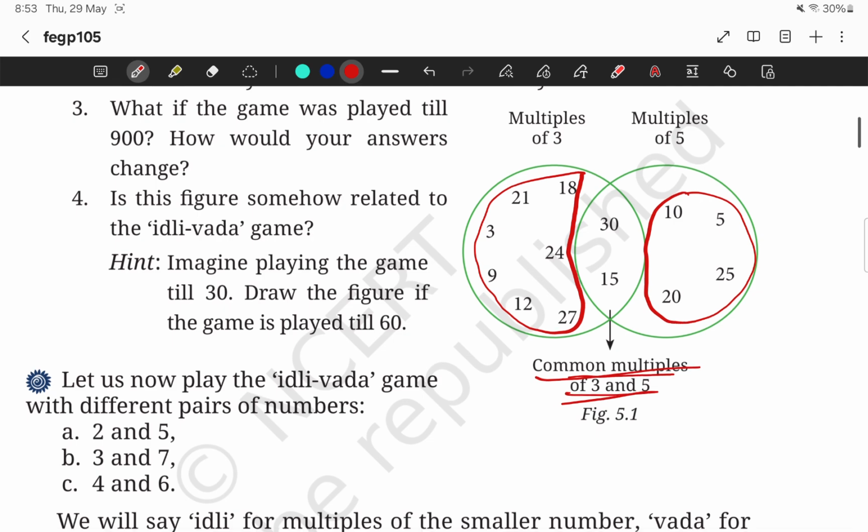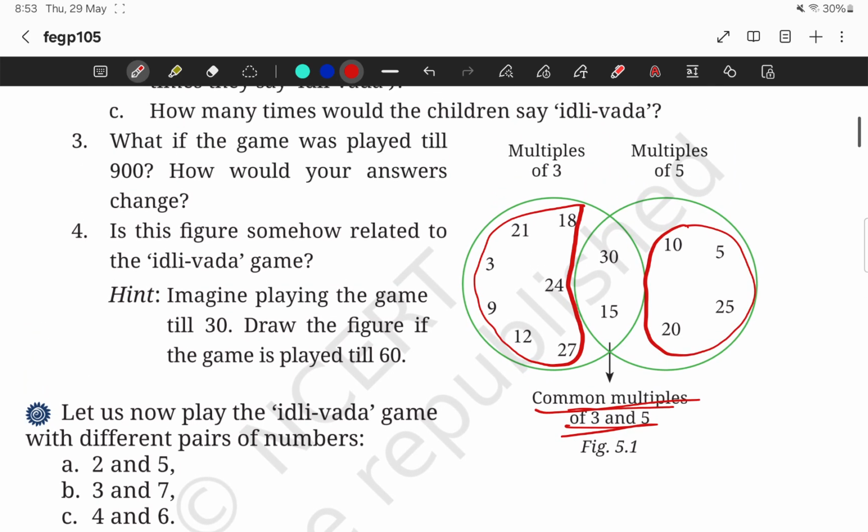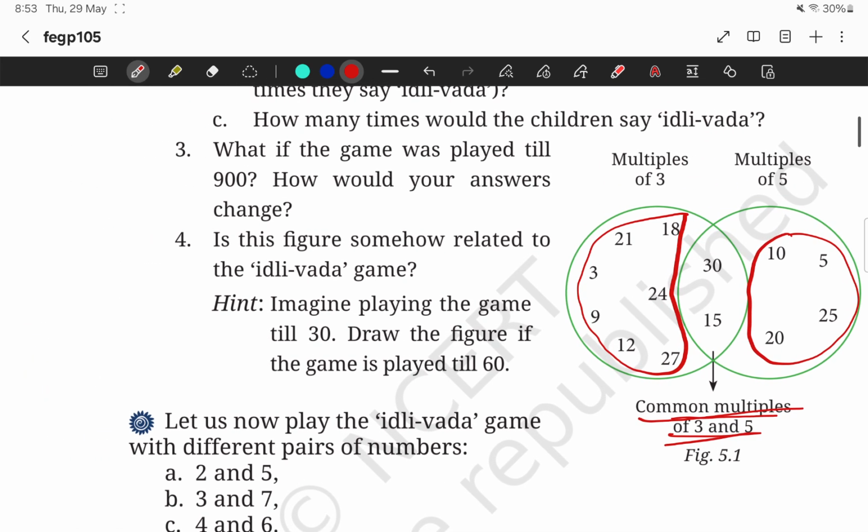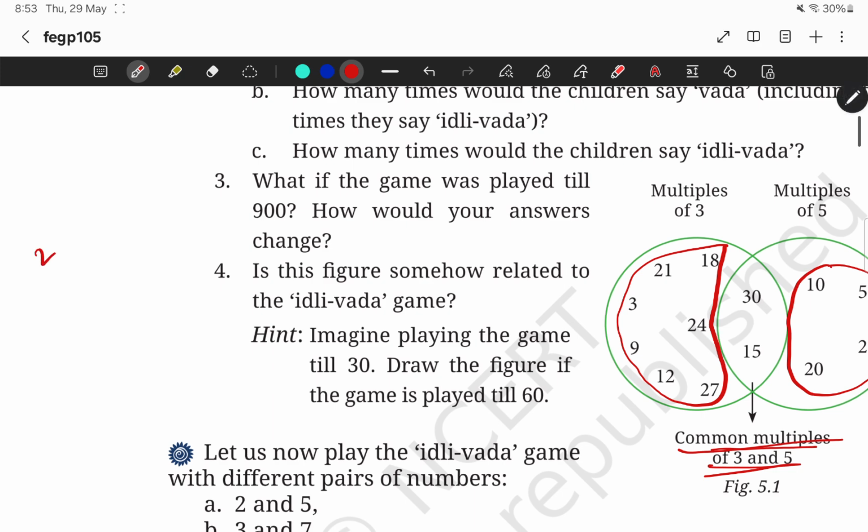I'll tell with another example for you. So I'm taking 2 and 5.